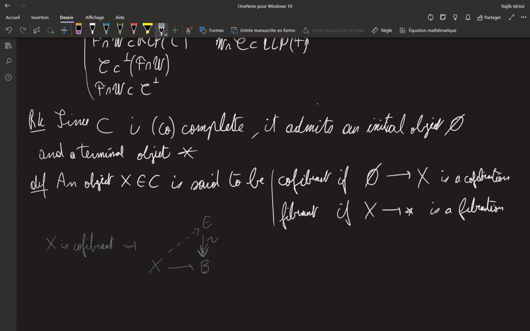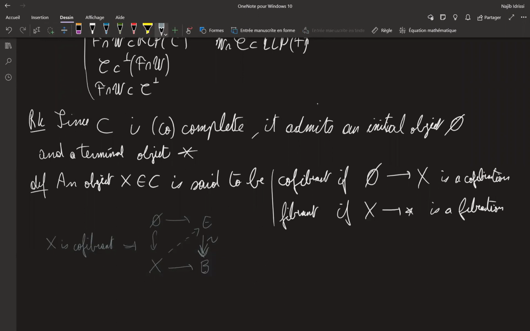Because implicitly in this diagram, you have the initial object here, but this square always commutes because there is only one map from the initial object to anything. So this is not a condition that this square commutes or that this triangle commutes. And so if you have a cofibrant object, then you can always lift any map into the target of an acyclic fibration.